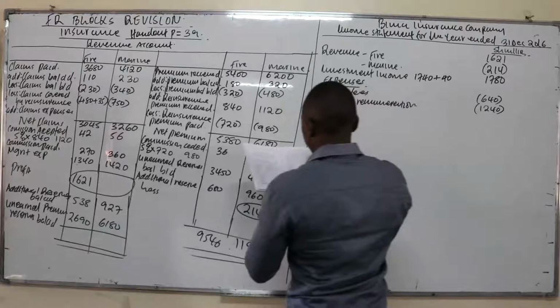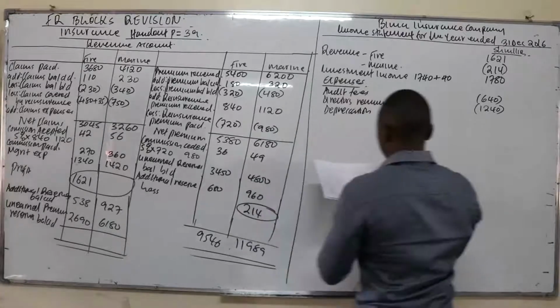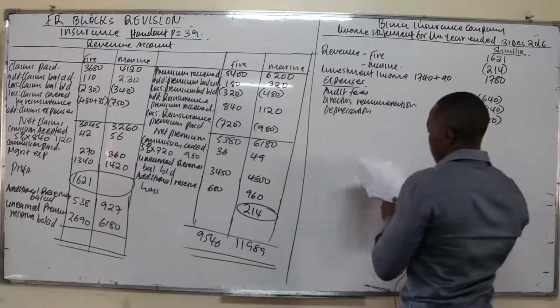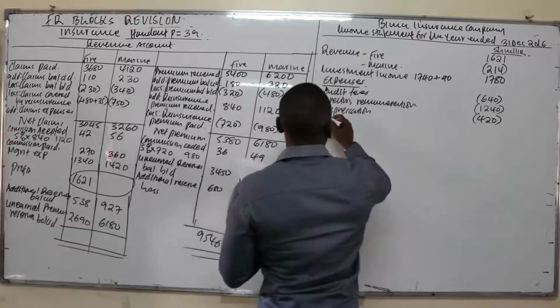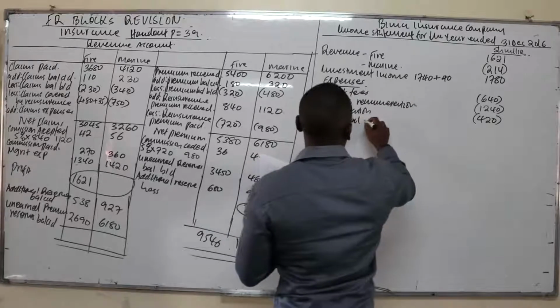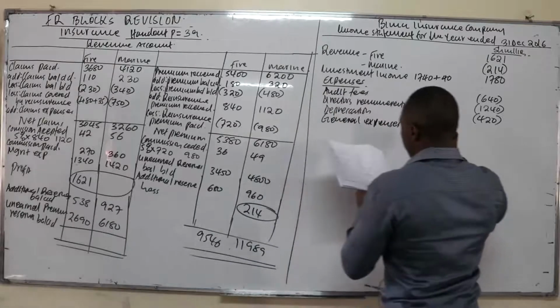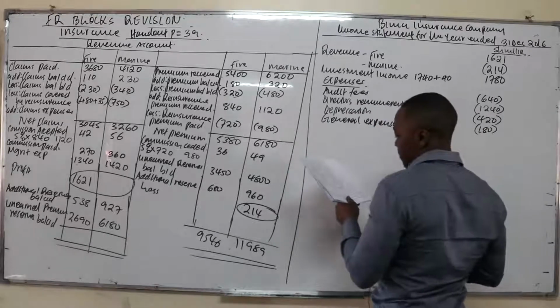Then we have depreciation, an amount of 420. And then we also have general expenses, 180. I don't think we have any other expense.